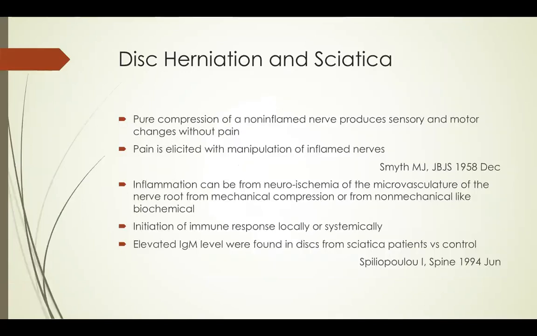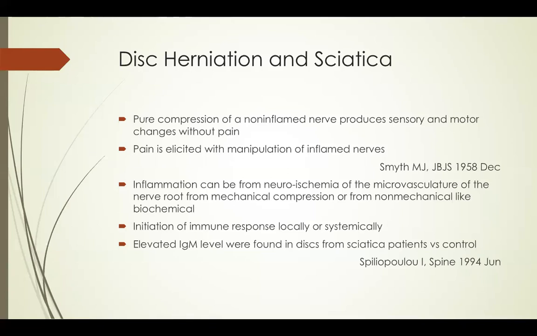So this is from multiple papers on how disc herniation can cause inflammation, and how the inflammatory nerve process and mechanical compression can cause pain in the legs. In order to have pain, you need a mechanical compression. That's number one. And some of the papers say you also need inflammation around the nerve.